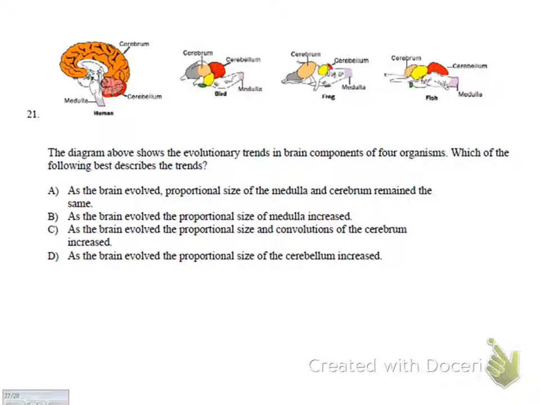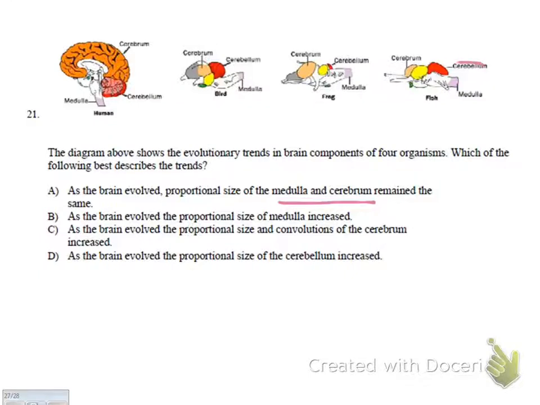Okay, check this one out for me. Before you could answer this question, you really had to know that the human is the most evolved organism. So as far as evolution goes, you're going this way. So the fish would have evolved first. Starting with A, as the brain evolved, proportional sizes of the medulla and cerebrum.